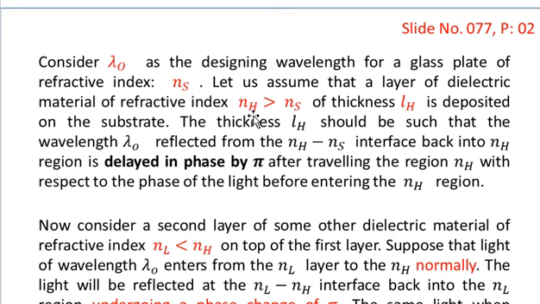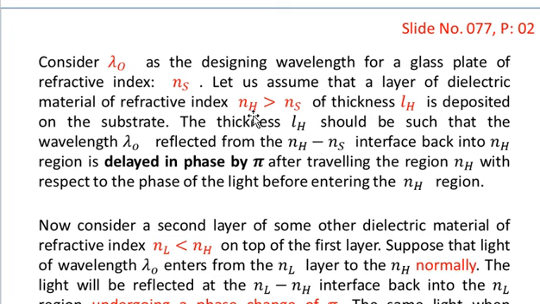Suppose that light of wavelength lambda naught enters from the NL layer to the NH layer at normal incidence. So you see that here we are considering normal incidence from a material of refractive index NL to a material of refractive index NH.